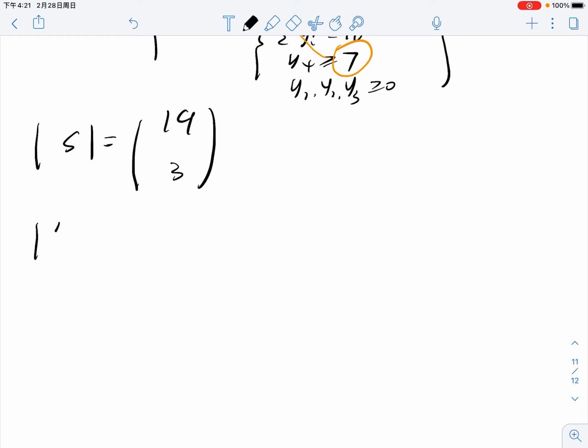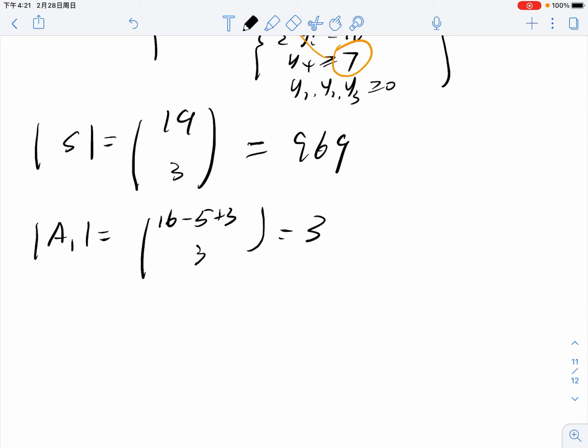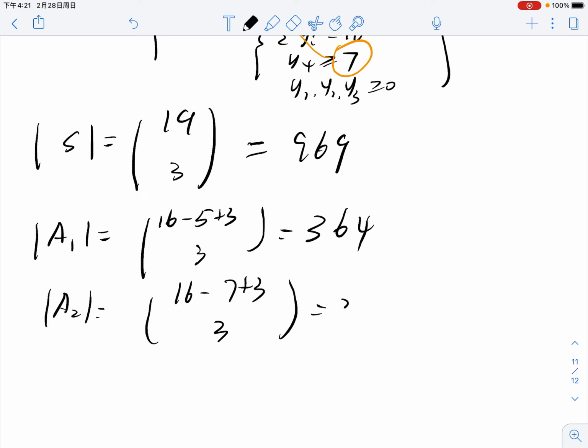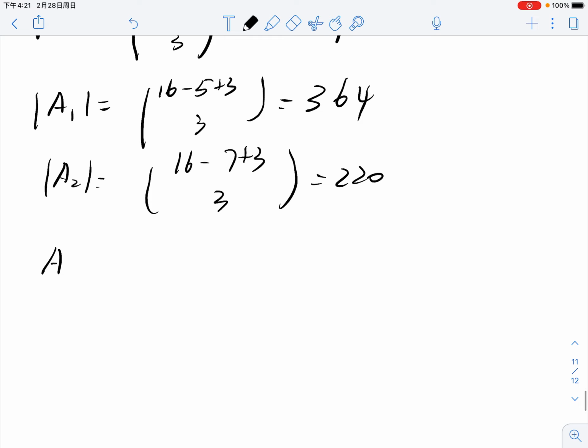Cardinality A1 you can compute using the calculator, but I will just write down the answer directly. So A1 is 16 minus 5 plus 3, choose 3, which is 364. A2 is 16 minus 7 plus 3, choose 3, 220. A3 is 16 minus 6 plus 3, choose 3, 286.